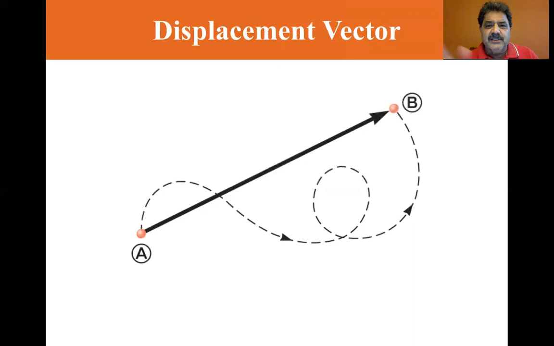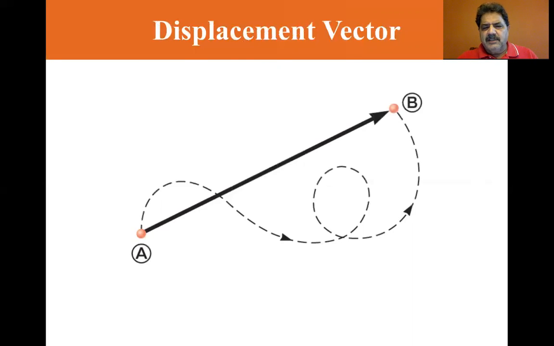Now his distance is whatever, 400 meters or something like that, but his displacement is 0. So from A to B is how far an object has traveled and in what direction it went.